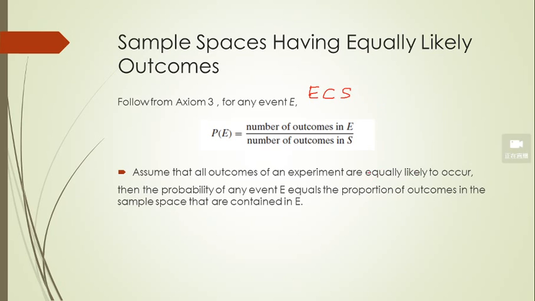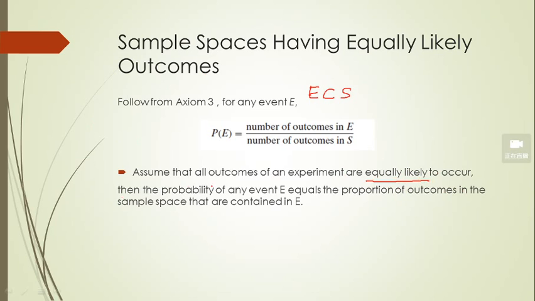This is based on the assumption that all the outcomes in the experiment are equally likely to occur. This is a very simple probability, and in future we will discuss probability in more complicated scenarios where outcomes are unequally likely to occur.